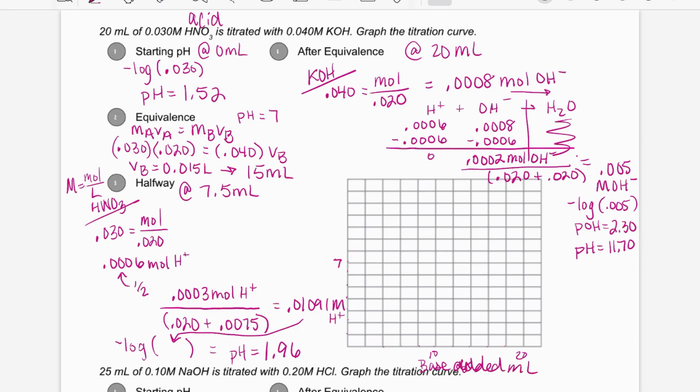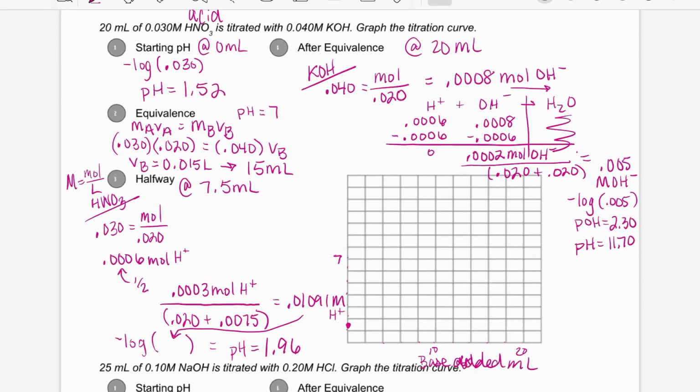In milliliters. At 0 milliliters, I had 1.5, so about right here. At 7.5 milliliters, so 2, 4, 6, 7.5, I had a pH of 1.96, so about here.